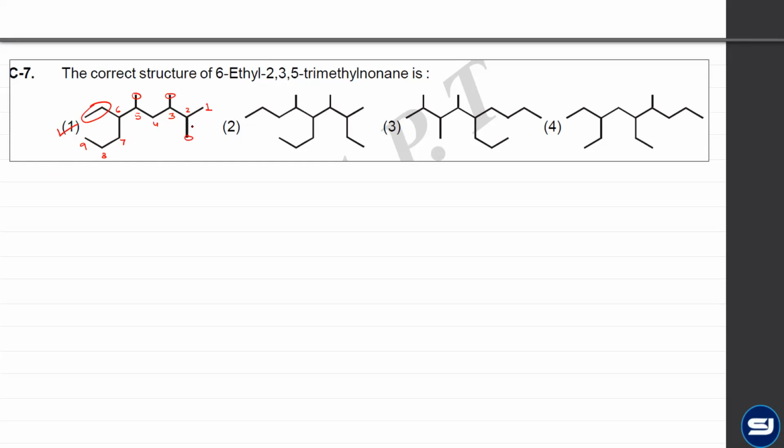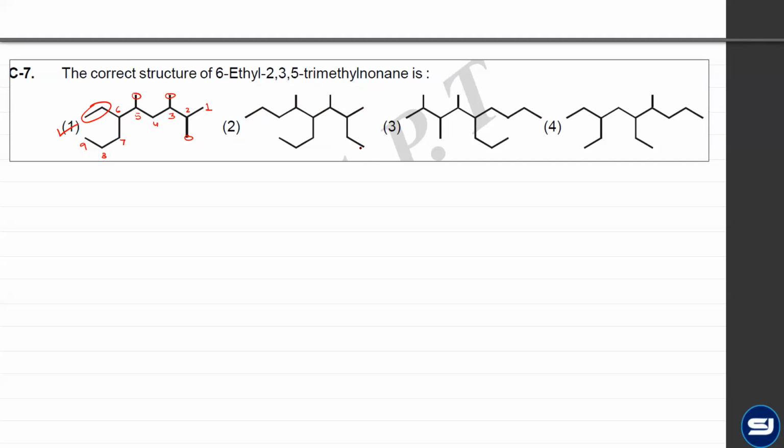Just I'm discussing the example. In the second, which will be the parent chain? Nine carbon. Starting from where and ending at where? Extreme left to right bottom, from here to here.